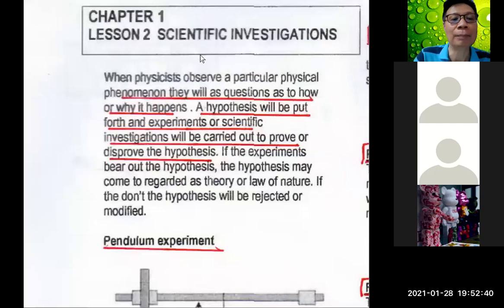Okay, come. The title is Scientific Investigation. When you see the word investigation, it means something to do with experiment, correct? So this lesson is a foundation for you to answer your Paper 3. Paper 3 is an examination test, an experiment examination.